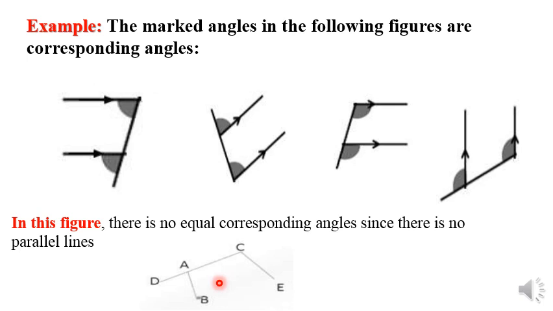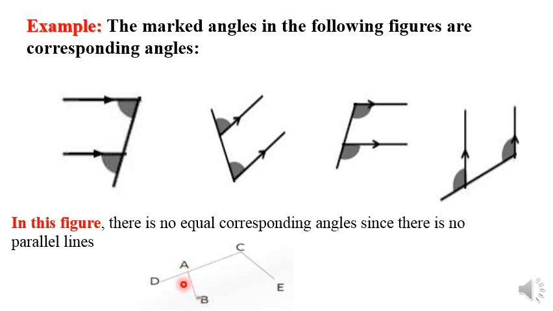But in this figure, there are no equal corresponding angles. Even though I have an F shape, look, I have corresponding angles. They make an F shape, but they are not equal. We said that we have two conditions to have equal corresponding angles. The first one, we must have parallel lines, but in this case, CE is not parallel to AB.